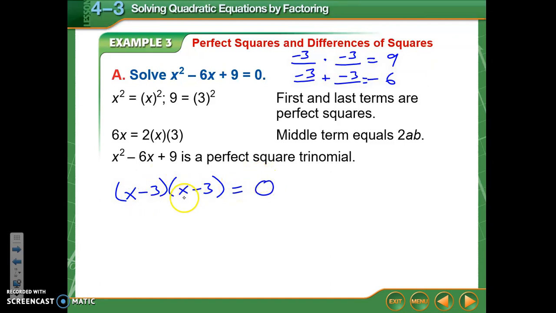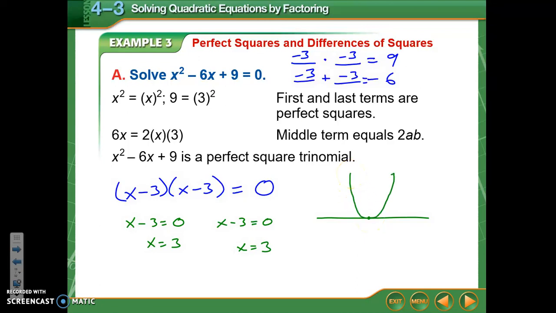Notice that both of the factors are the same, right? So after I get it into factored form and set each factor equal to 0, it's going to give me the same thing. That means there's only one x-intercept. If you remember that picture we looked at the other day in one of our previous sections, that means it only touches the x-axis at one point, and that point is the vertex.